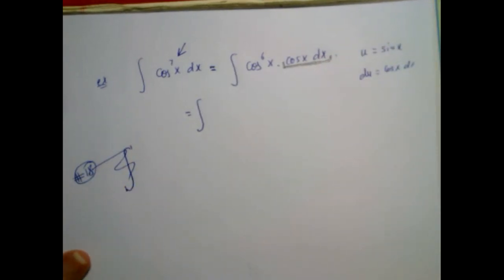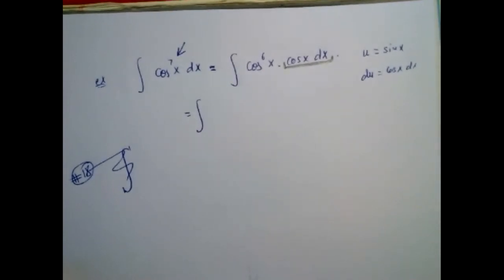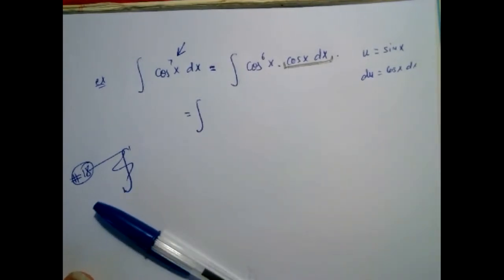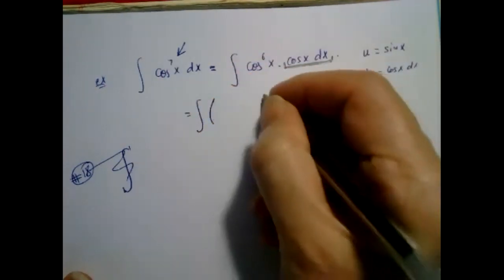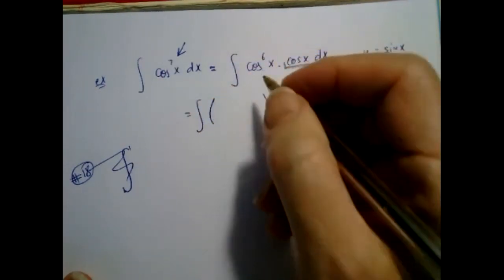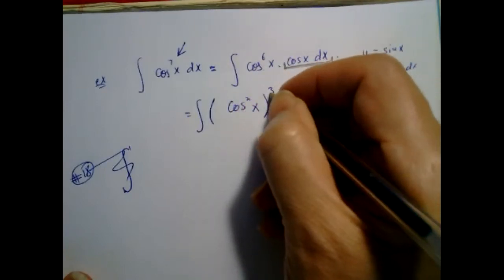How am I going to convert cosine to the 6th of x in terms of sine? How can I write cosine 6x? I know it's Monday. Wake up, guys. It's 1 minus sine squared to the third. Right. Cosine to the 6th x is cosine squared x to the power 3.